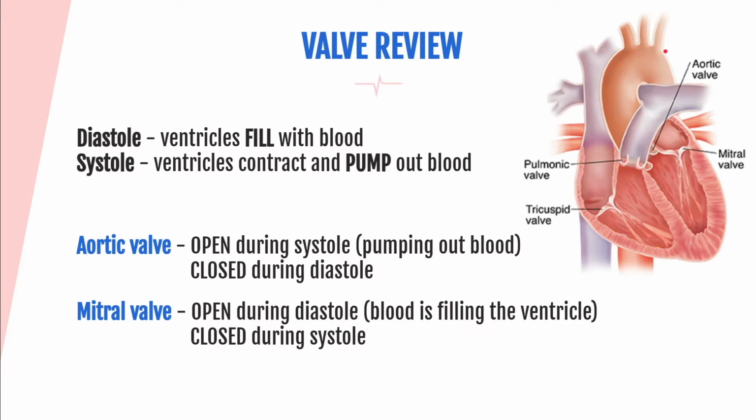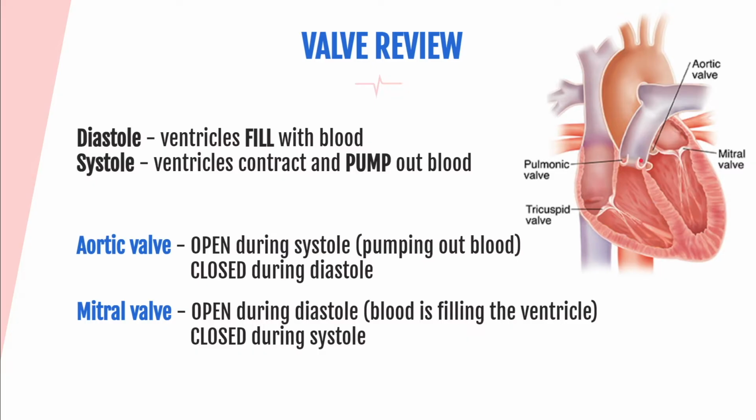And then the opposite would be true for the mitral valve. It would make sense that the mitral valve would be open during diastole so that blood can come from the atrium and fill that ventricle, and then it would be closed during systole when the heart pumps.